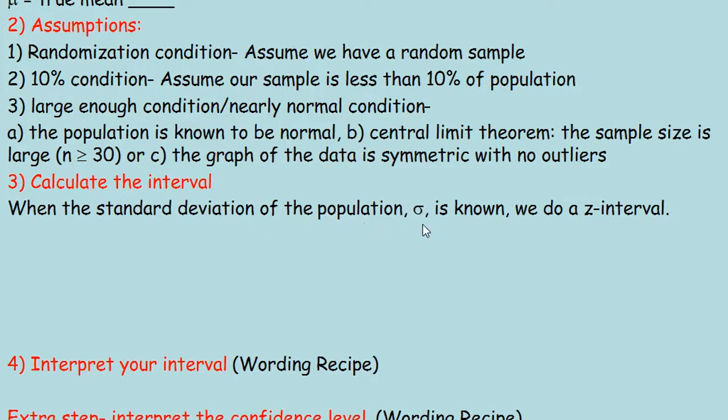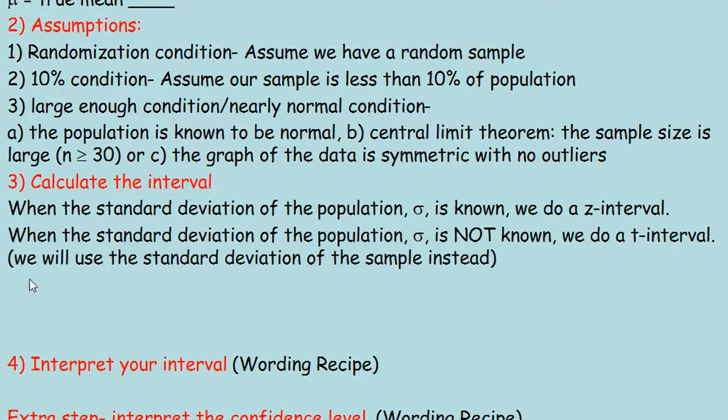If you know that, you will do what's called a Z interval, and I'll show you on the calculator. Next, if you do not know sigma, so if the standard deviation of the entire population is not known, we do what's called a T interval. In that case, instead of knowing the standard deviation of the entire population, you'll just know the standard deviation of a sample. And again, I'll show you an example in a minute.